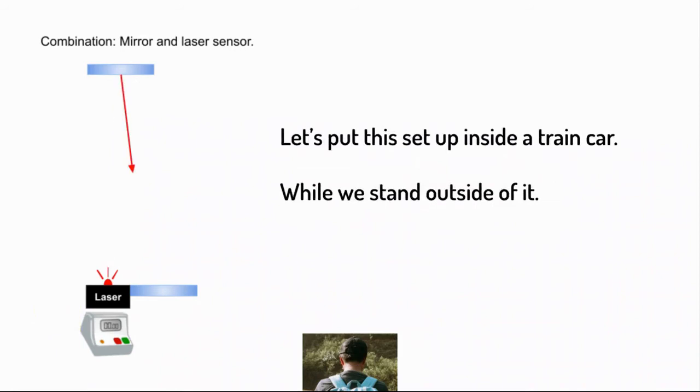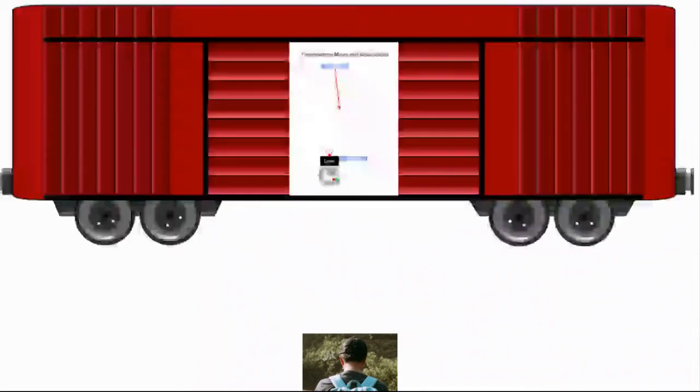So let's take this setup and change it around a little bit. Let's put it on a train car. We're still going to be observing it, but we're not going to be in the same room. We're not going to be on the train with the setup. We're going to put the setup inside the train car and we're going to look at it.